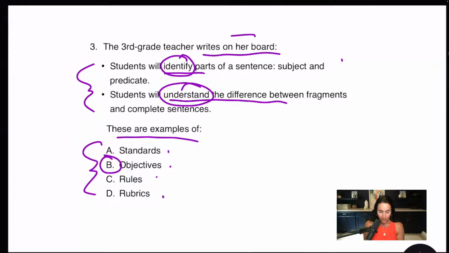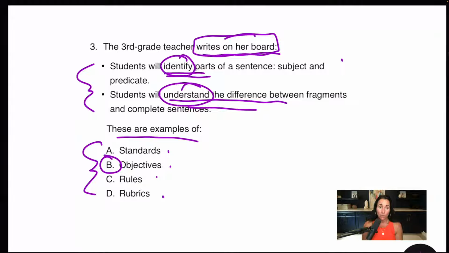She's writing them on her board for a lesson. Objectives are the small skills or the incremental skills students achieve after a lesson is over. So students will identify parts of a sentence. Students will understand. We're actually probably at the beginning portion of this particular lesson because we're talking about low-level skills, identify and understand.